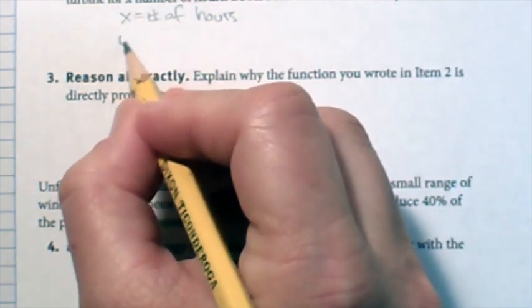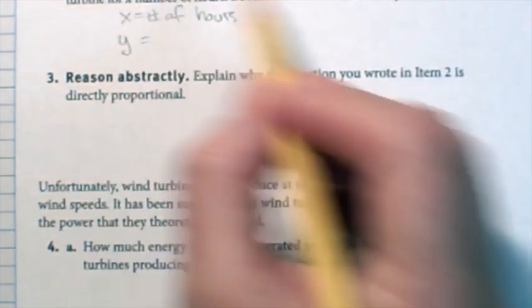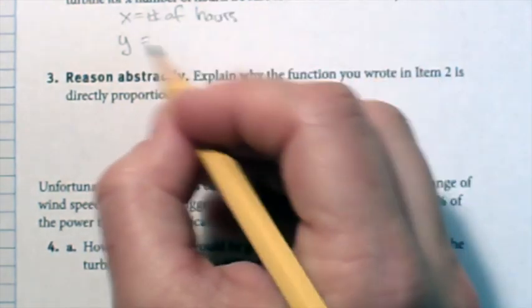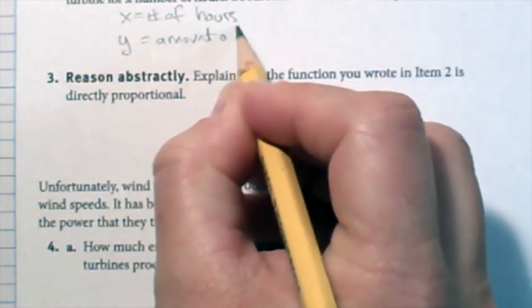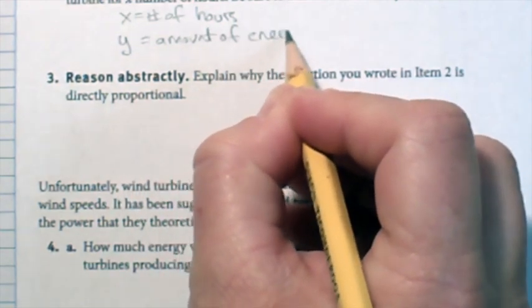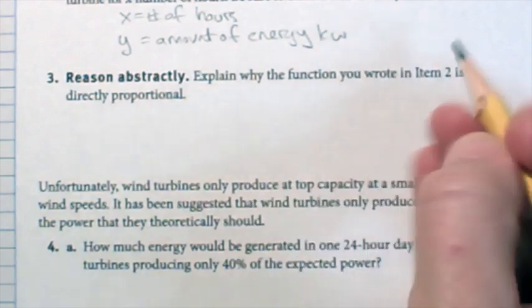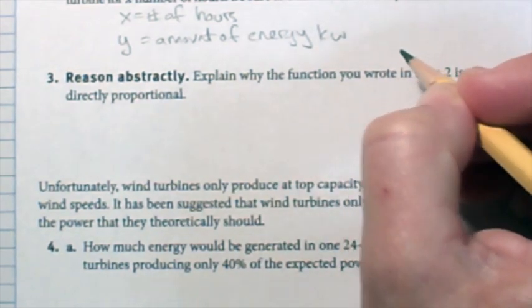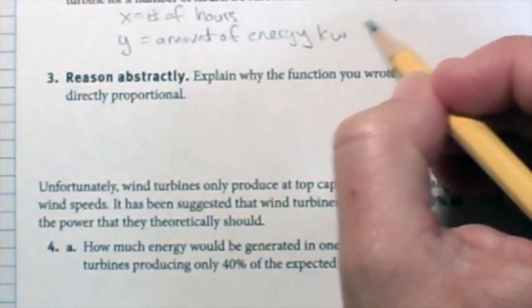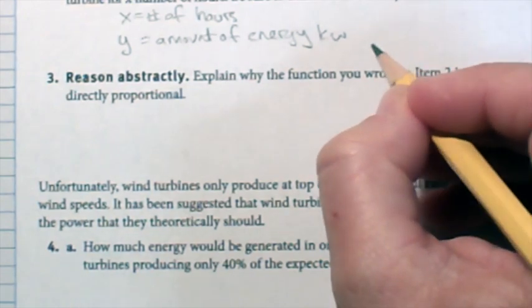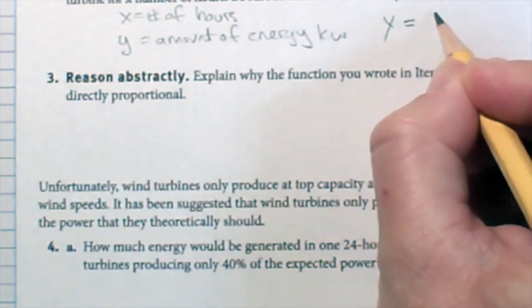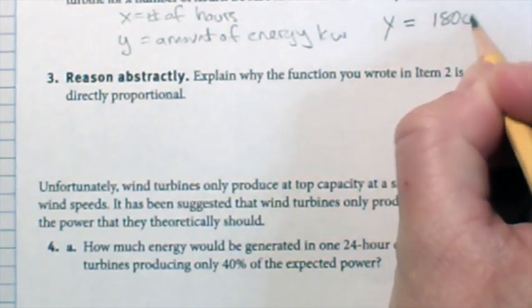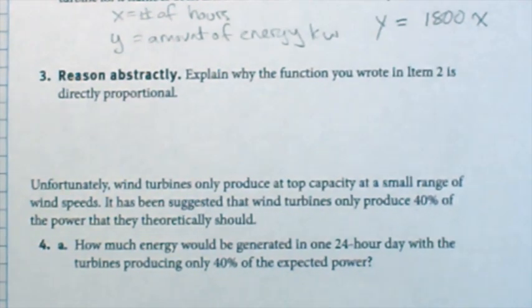And Y, since we're generating a function to represent the energy generated, Y would be equal to the amount of energy in kilowatts. And since it's hours, our equation is going to be Y, the amount of energy, is equal to 1,800 times X, right? So that's my equation.